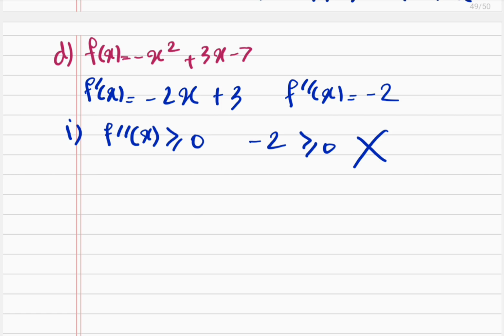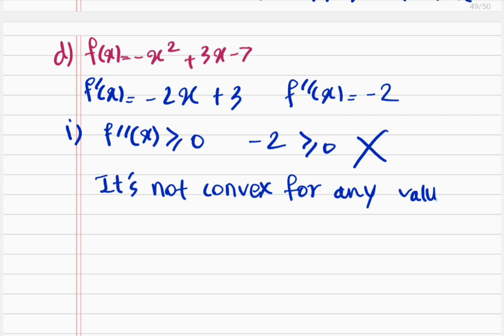So this simply means that this function isn't convex for any value of x. That's the part that I think is simple but can be confusing in a way.